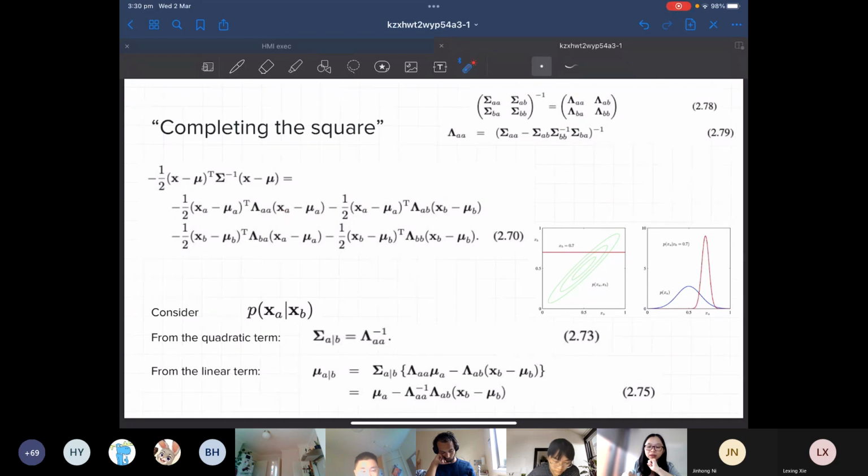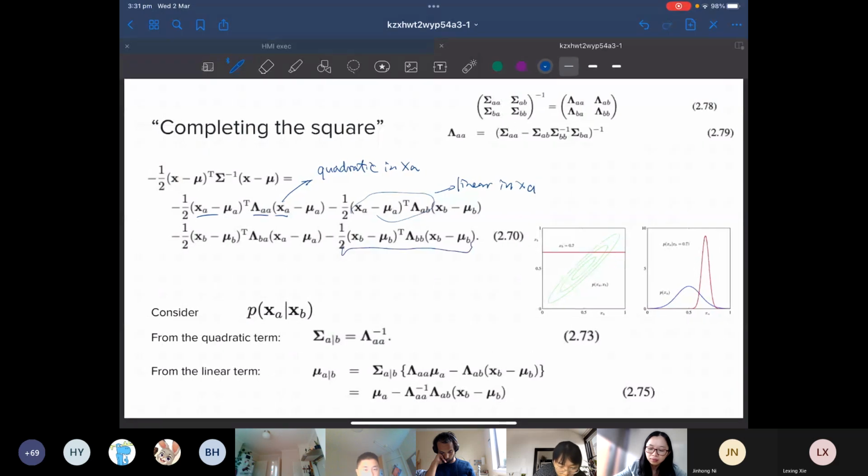In the first term, right here. So basically this and this and this, these are quadratic in XA. And this term is linear in XA. This is constant as far as XA is concerned.